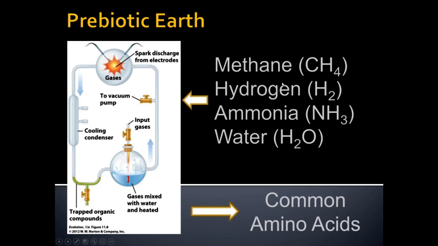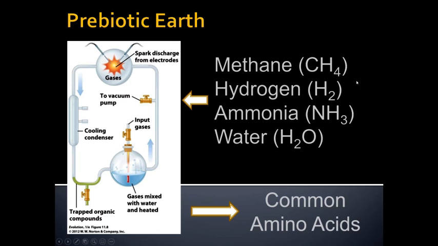And people have done experiments where they zap an approximation of Earth's early atmosphere with electricity to simulate maybe a lightning strike. They heat it up to simulate thermal events at the bottom of the ocean, and they cycle it over and over again. Heat, cool, shock, and they do that over and over and over again.